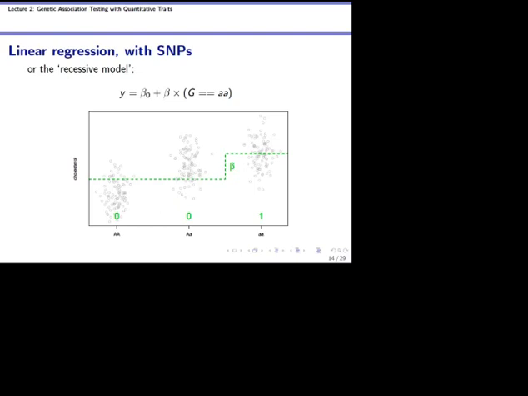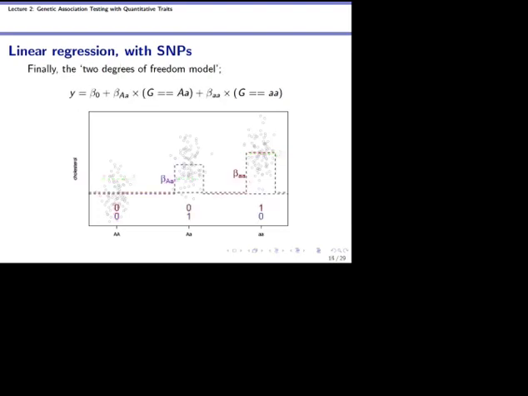What other models are possible? Here's a 2-degree of freedom model. Explain this model. This encompasses all models, because every genotype has its own mean value.